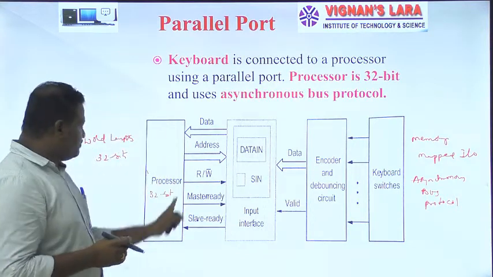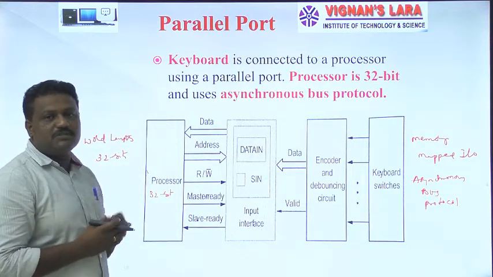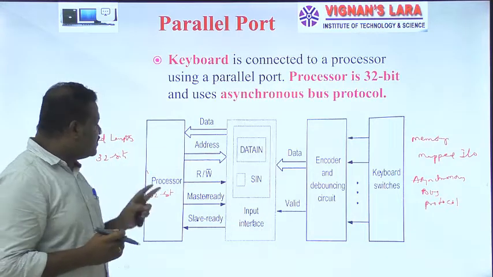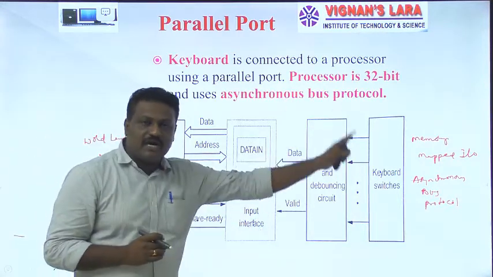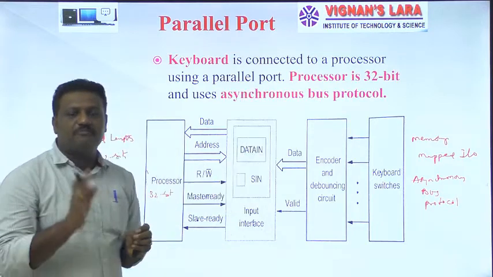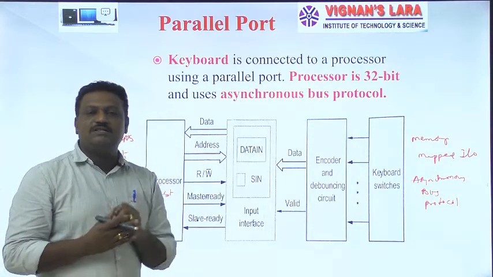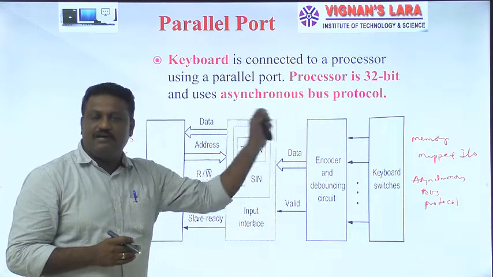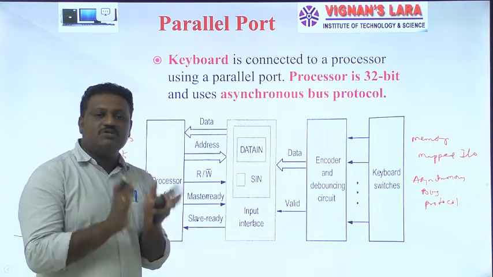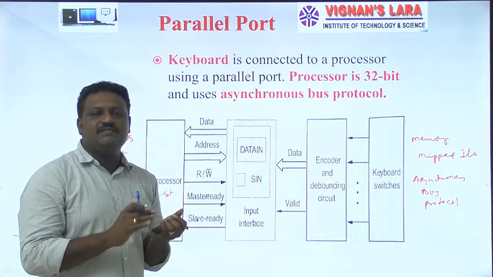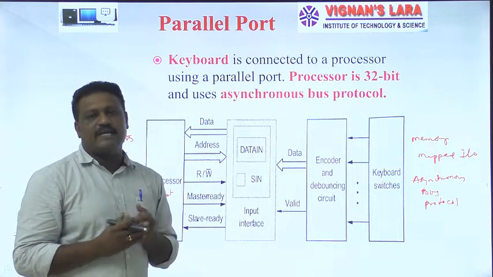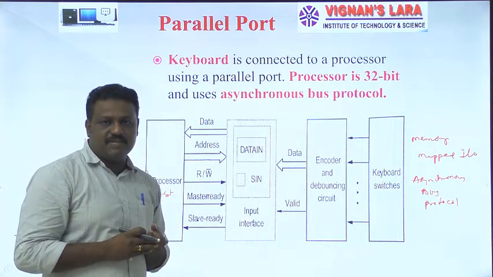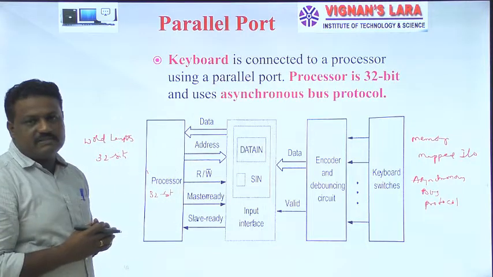The first is that my processor is a 32-bit processor. Number two, my processor can address I/O devices with the help of memory mapped I/O. And the third is that I use an asynchronous bus protocol, which means the communication uses two handshaking signals, master ready and slave ready. So we can go on and explain this concept.